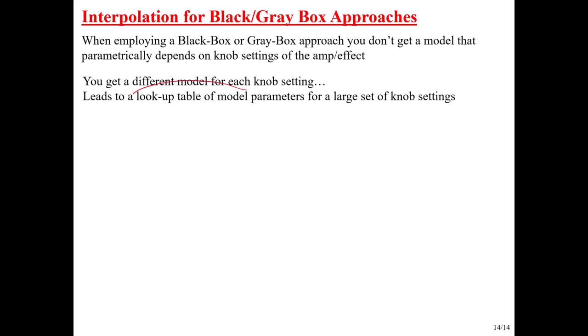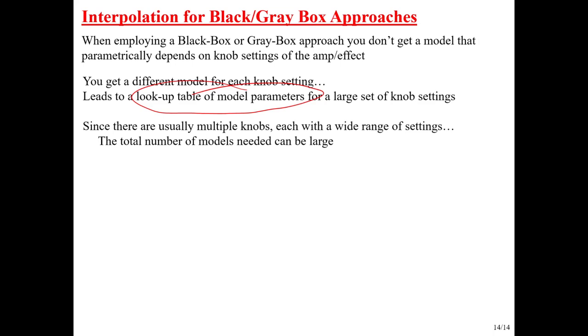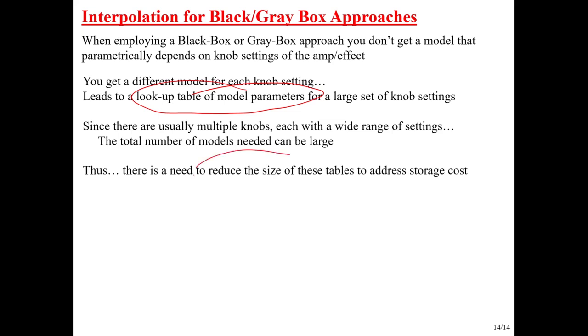So you've got this lookup table of model parameters, and then you interpolate between them. So it can still lead to an awful lot of memory that you have to store all these things. And so therefore, it might be worthwhile to try to figure out how to reduce the size of all these tables.